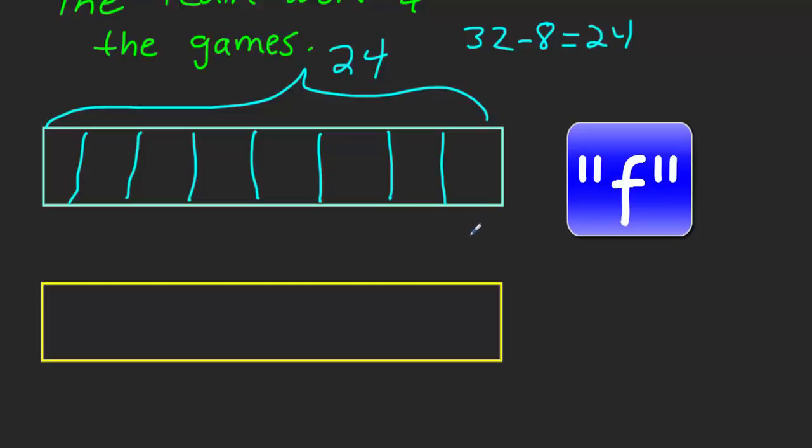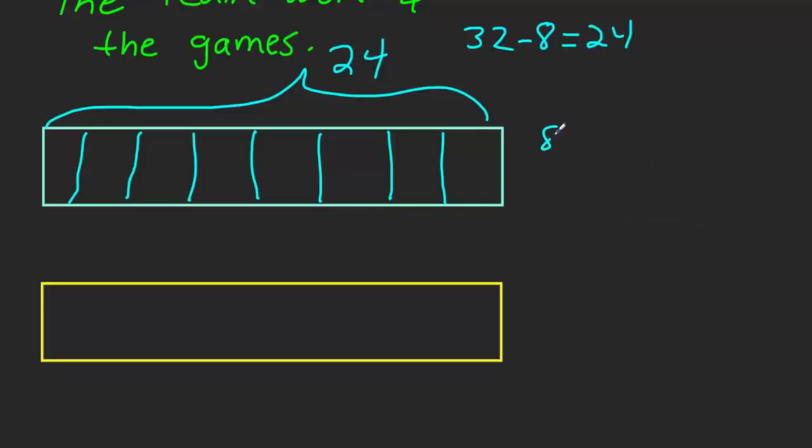So in this case, we could say that the 8 units here is equal to 24. 1 unit then would be equal to, well, think about it. If we have 8 equal units and we have 24, 24 divided by 8 would mean that we would have 3.